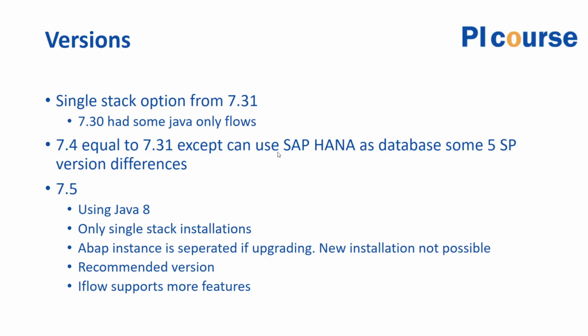So if you're upgrading from a 7.31 to it, it would separate your ABAP instance out to a separate system ID. And some people have successfully deleted this ABAP instance after upgrading, and then you would have a running PO system. New installations are not possible with ABAP.